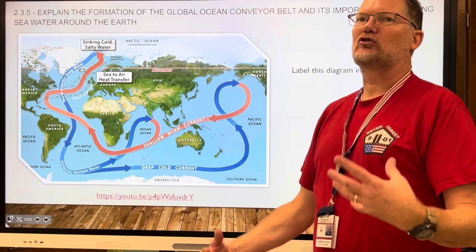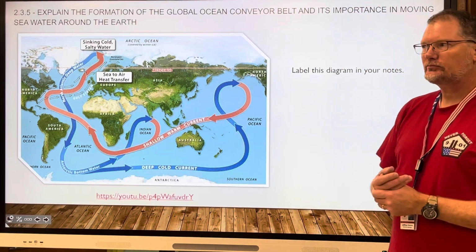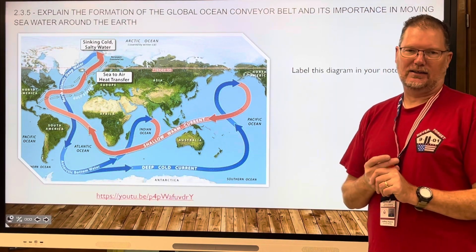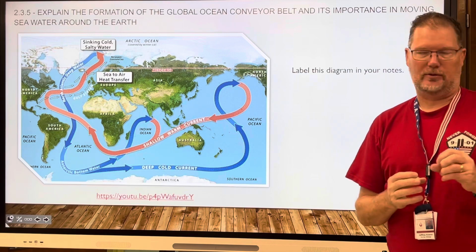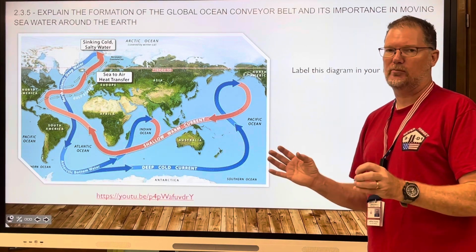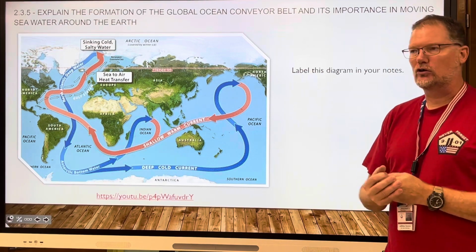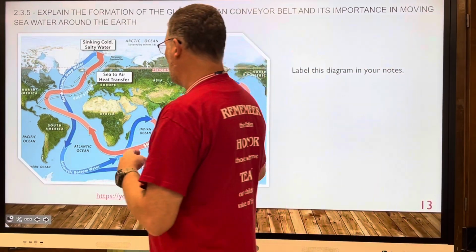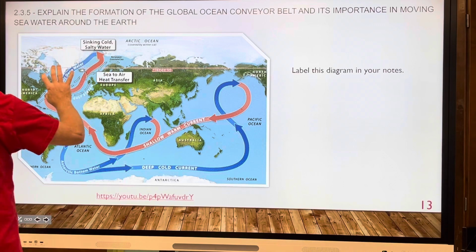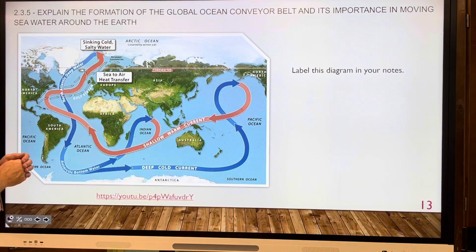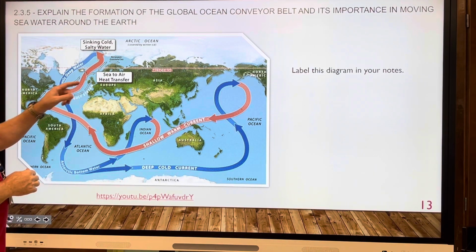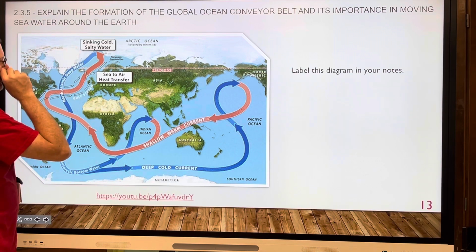But there's just so much varying information that it's hard to tell what would exactly happen. But major things will happen if this ocean conveyor belt is ever disrupted. It's constantly being monitored. There are buoys out in the ocean monitoring these water flows and temperatures constantly. But if this heat transfer were ever disrupted, there'd be major problems.